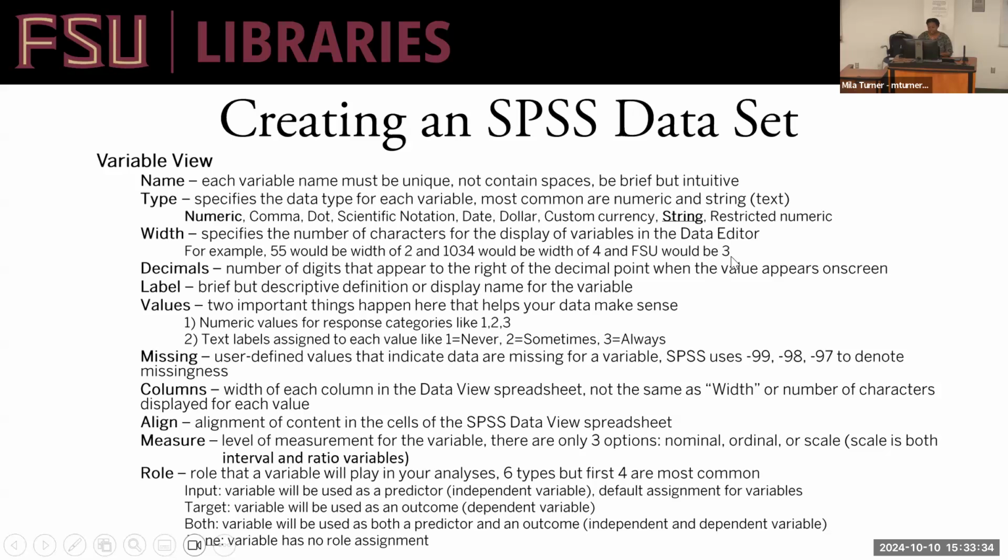FSU, width of that is 3 because there are 3 characters. Okay, decimals, how many digits appear to the right of the decimal. The label I already talked about. And then the values. This will make the most sense when I go back to this.